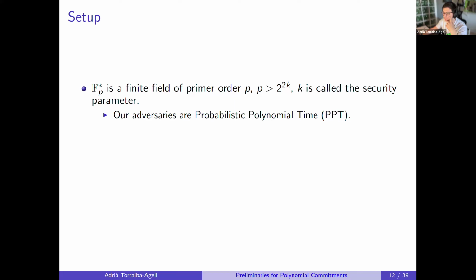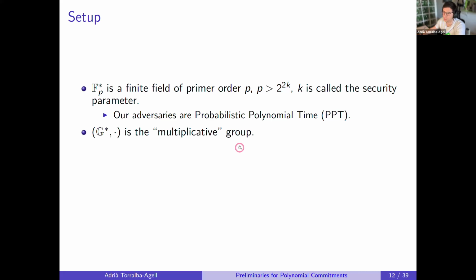This means that anybody trying to, or even the verifier trying to verify things, will be allowed to run polynomial time only, and sometimes make guesses at random. Okay, this is probabilistic polynomial time, and this setup means that our P is large enough so our adversaries cannot break the system. Okay, so this is one technicality of this setup.